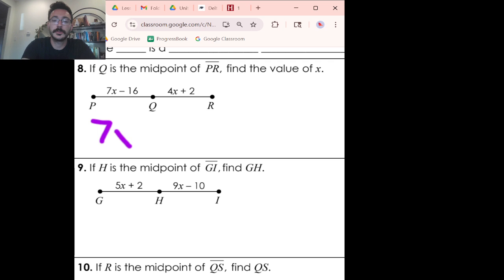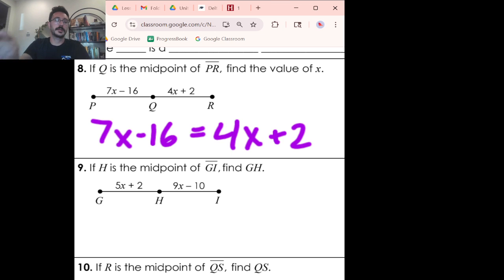So we could set up something that looks like this and solve like I just showed before, get all the x's to one side, all the constants to another, and then you have your value of x. And if your teacher told you to, you could plug that x back in and get a full number for each segment. If you did it once, you would already know what the other one has to be, assuming you did it right, because it's a midpoint, one side has to equal the other.